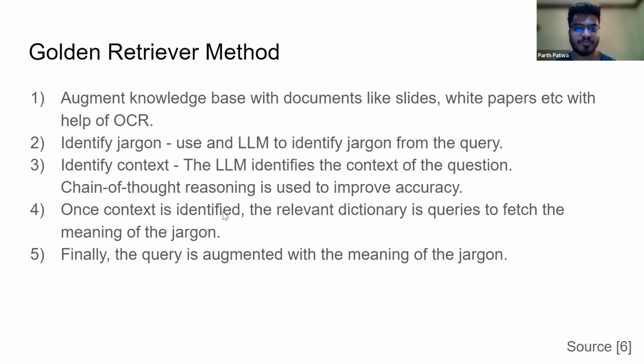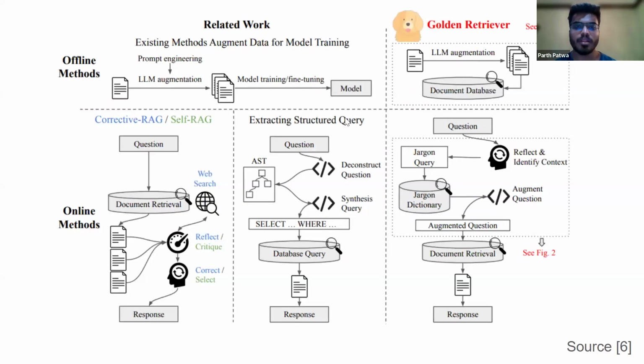Query all the documents of LLM, fetch the meaning of RAG, and augment the query with the meaning of RAG. This is very helpful in retrieval because the generator would also fail if the retrieval is not good, because the errors propagate.